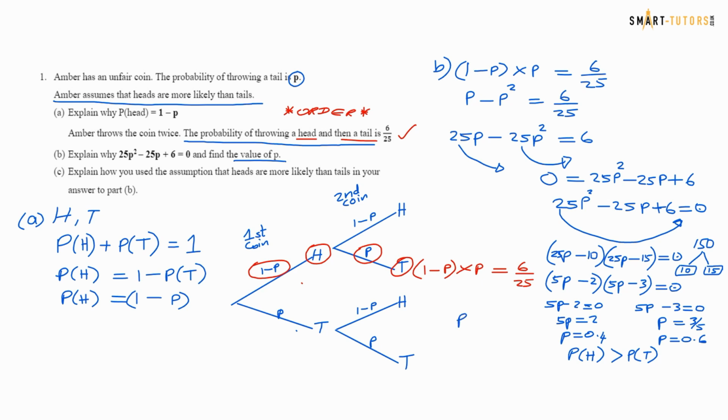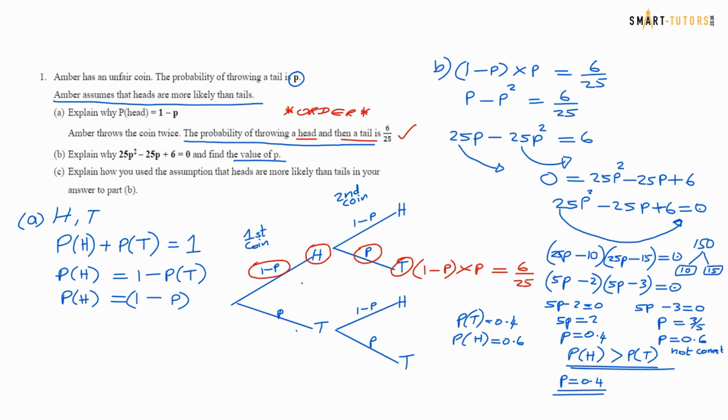If the probability of tail is 0.4, then the probability of head is 0.6, right? And so this other answer is not correct. 0.6 is not correct because if tail is 0.6 then head is 0.4, but this condition is not satisfied. So the answer is that P has to be 0.4. That is the correct answer.